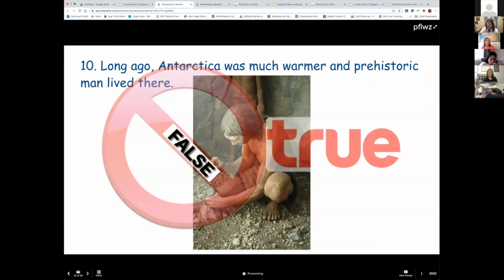And that is true and false. It's true because for about the last 400 million years, Antarctica has been much colder. It's false because no human has ever lived in Antarctica. But there are fossil remains of dinosaurs. So it's kind of an interesting thing.